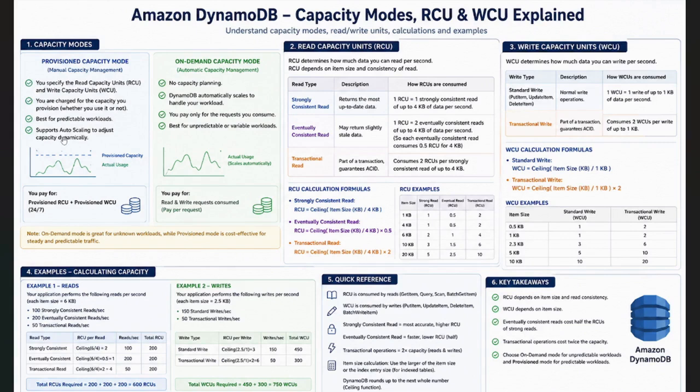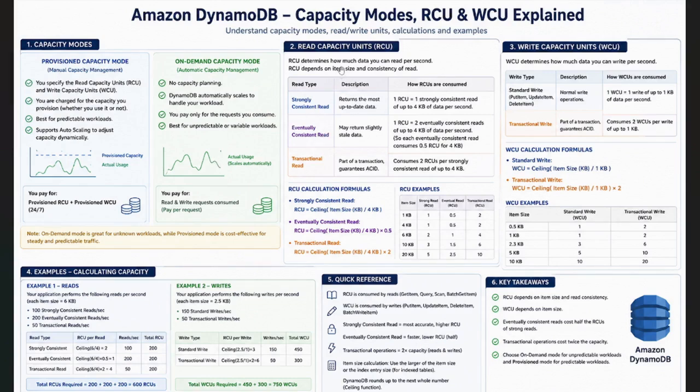You can use auto scaling as well on top of this. So just keep this in mind. In provisioned, you pay for everything. And on-demand is basically automatic, handled internally, and you pay for the requests that you have made.